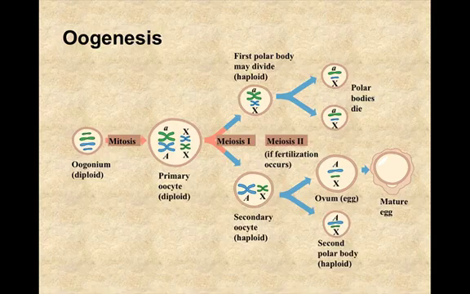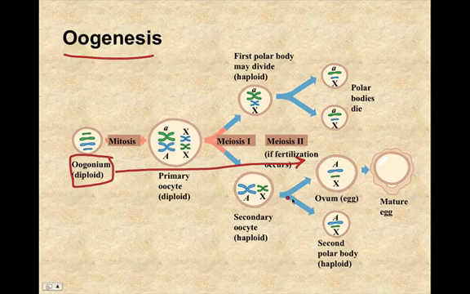The egg formation is called oogenesis. So once again, we start out and go all the way through, but our results in egg formation are a little bit different. And the formation of eggs in females starts before birth and ends when they reach puberty.